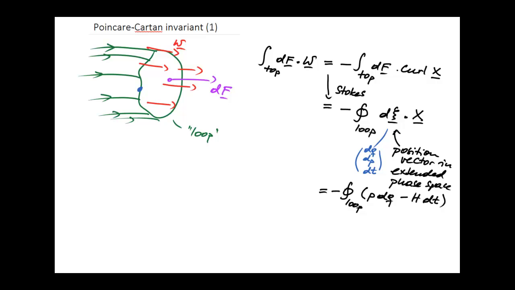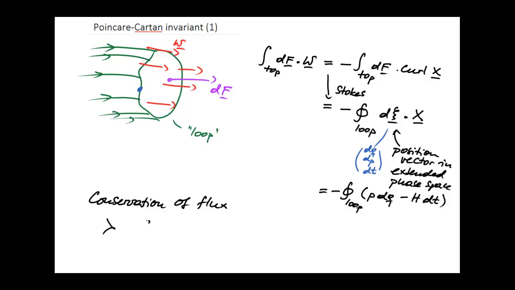We had seen that the flux is conserved. So the flux through the top equals the flux through the bottom. The flux can be written as this loop integral. So it must also hold that this loop integral must be the same around the initial loop and the final loop.